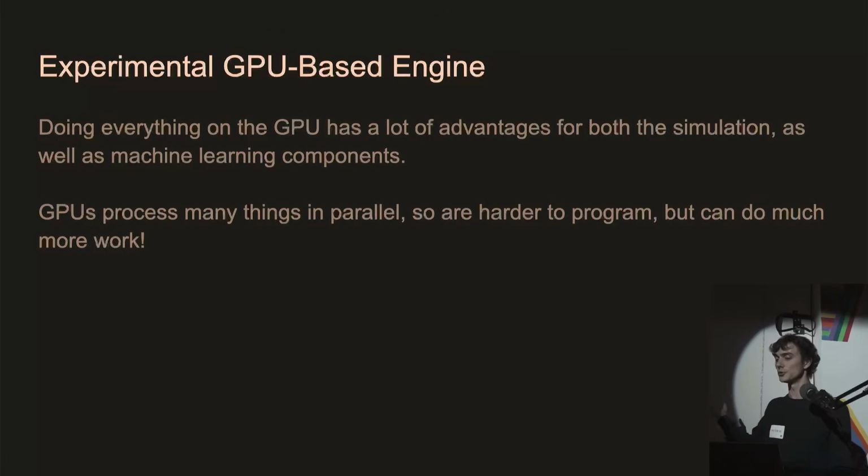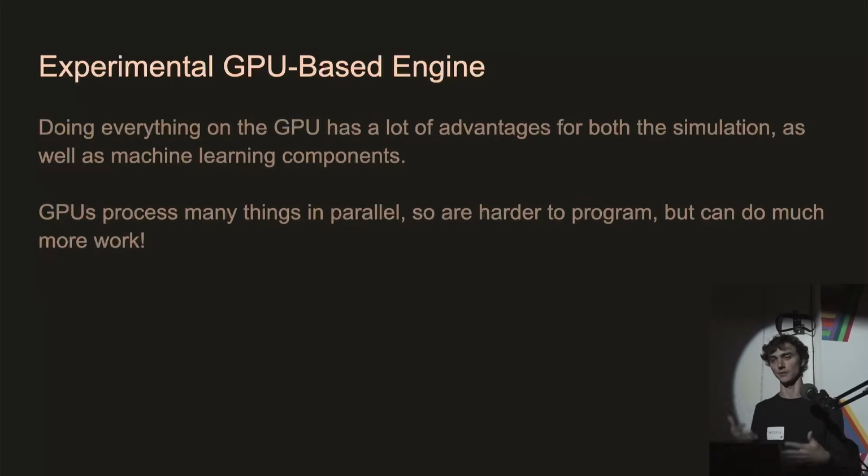So the choice of how I decided to design this is using an experimental GPU-based engine where everything is simulated on the GPU. This is the computer's graphics card, and there are benefits to this because it means you can run a really large simulation, and it's also a natural fit for the computations necessary for machine learning.